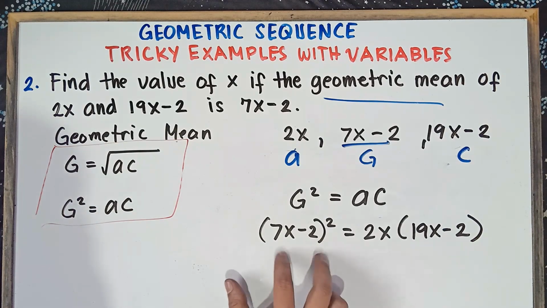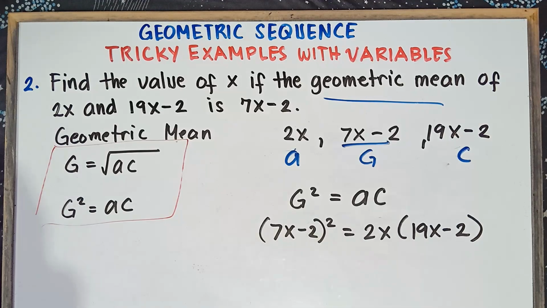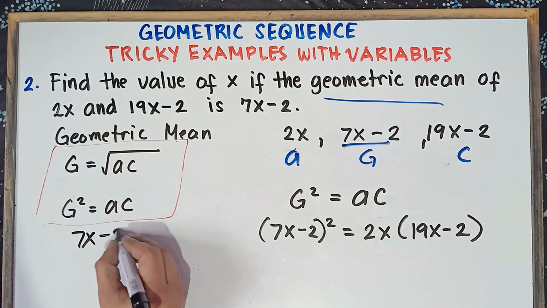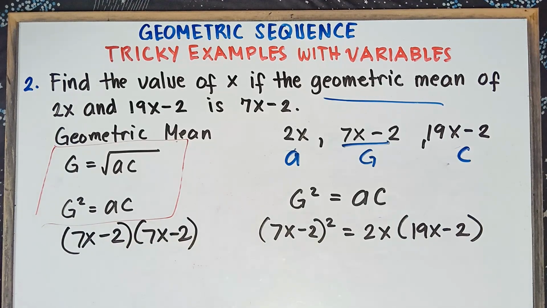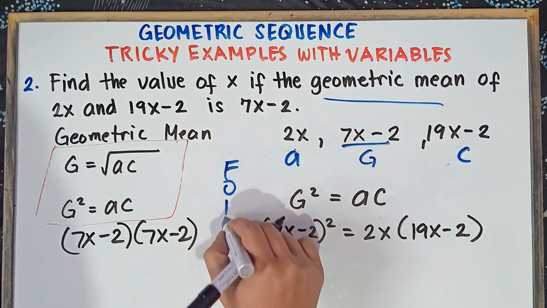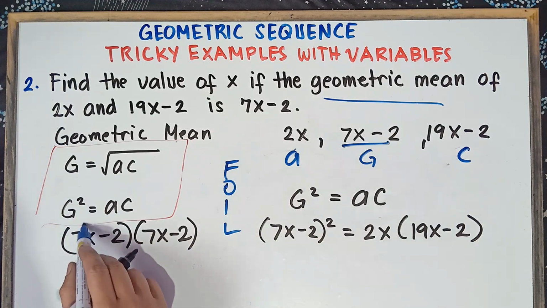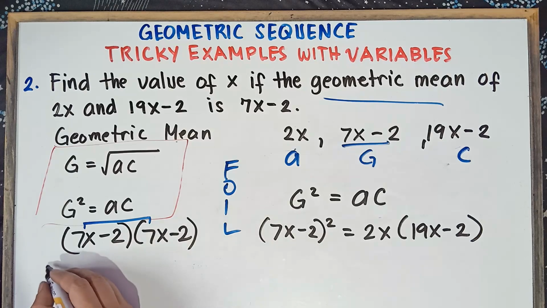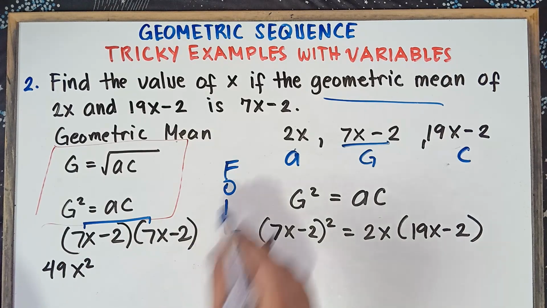So 7x minus 2, quantity squared, means you multiply this expression by itself. So that would be 7x minus 2 multiplied by 7x minus 2. We can use the FOIL method: first, outer, inner, last, because this is a binomial, we have two terms. First, 7x times 7x, that would be 49x squared. 7 times 7 is 49, x times x is x squared.